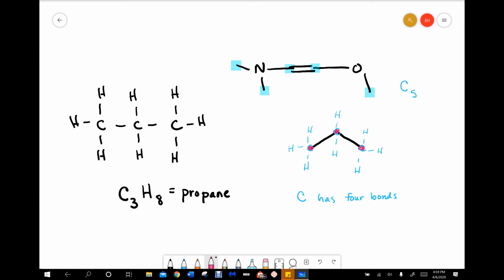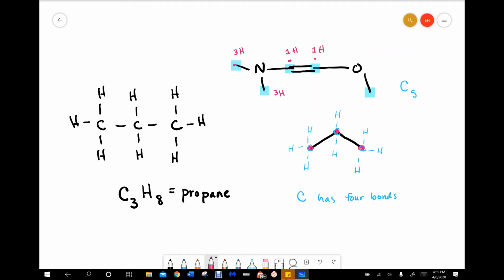Now let's count the hydrogens. This carbon here has just 1 bond, so it would be paired with 3 hydrogens. Same thing for this carbon, it needs 3 more hydrogens. The carbon attached to the double bond already has 1, 2, 3 bonds, so it'll just need 1 hydrogen. Same for the carbon on the other side.